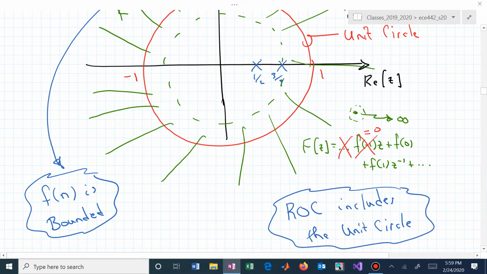And both of those are valid ways of arguing that little f of n is bounded.